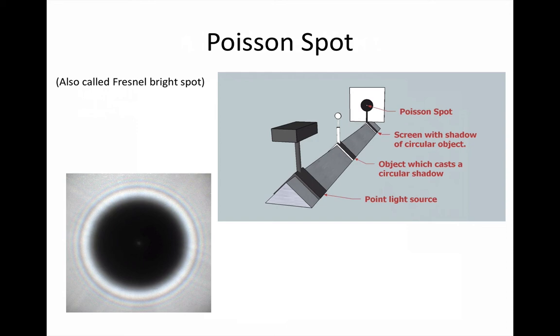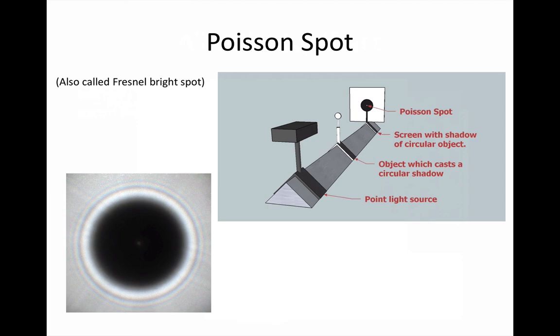Poisson studied Fresnel's theory in detail and looked for a way to prove it wrong. Poisson thought that he had found a flaw when he argued that one consequence of Fresnel's theory was that there should exist a bright spot in the shadow of a circular obstacle, where, according to the particle theory of light, there should be complete darkness.